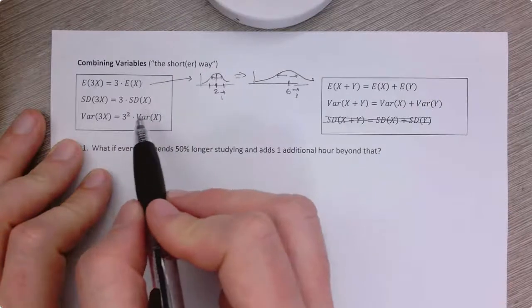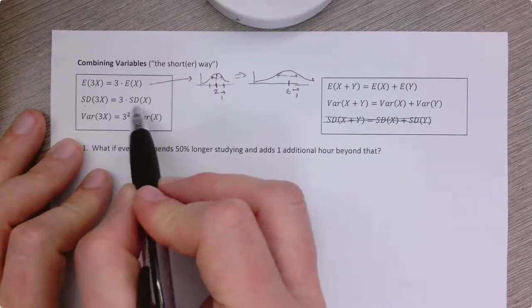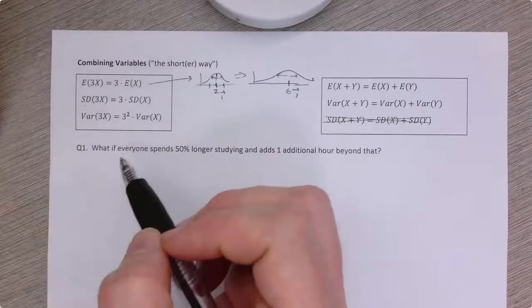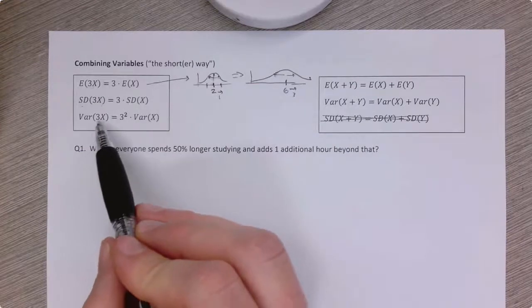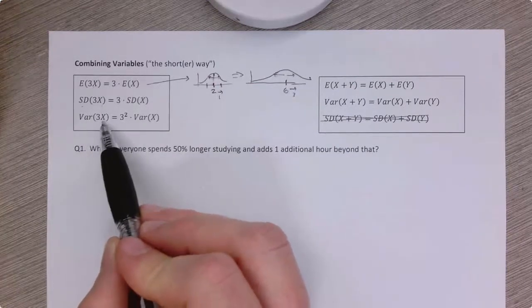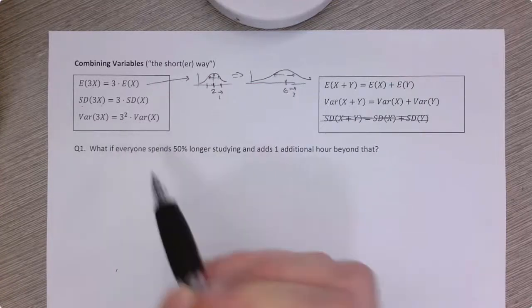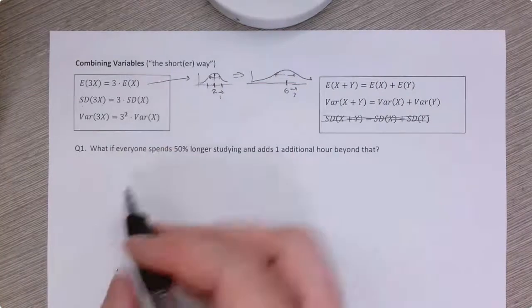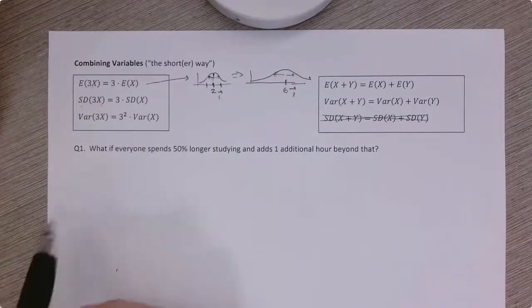And this equation just says that same thing: the standard deviation of tripled values is 3 times my original standard deviation. The one that's new is about variance. The variance of my tripled data is not 3 times my old variance, it's 9 times my old variance, and the reason why is because variance is standard deviation squared.